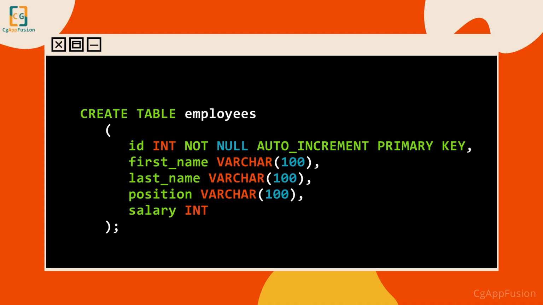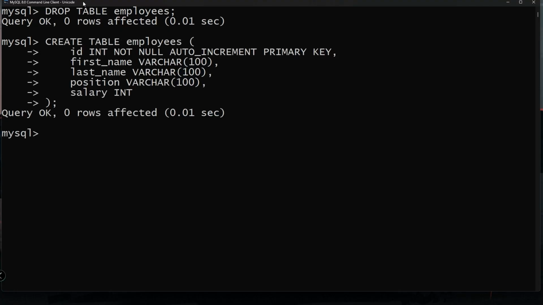So in our new table we are going to have ID, which will have auto increment enabled. Then we are going to have first name, last name, position of the employee, and then we are going to have the salary. If you want, you can just copy after me, but I suggest that you check the lecture resources and you will find this exact query, so you can just copy and paste.